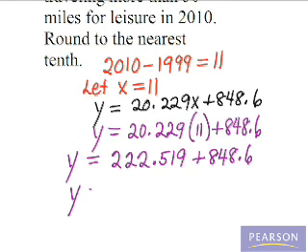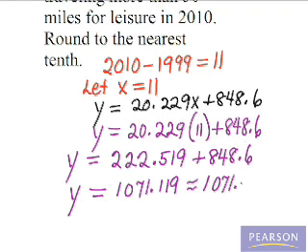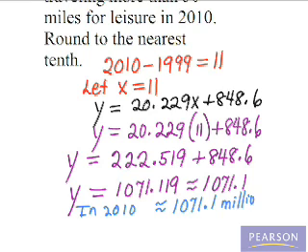And that gives us y is 1071.119, which we can approximate as 1071.1. So in 2010, there are approximately 1071.1 million people traveling more than 50 miles for leisure.